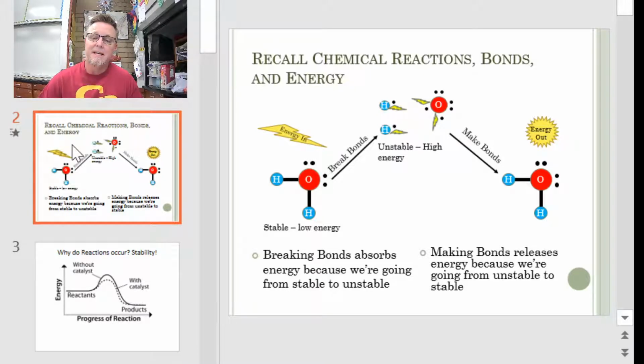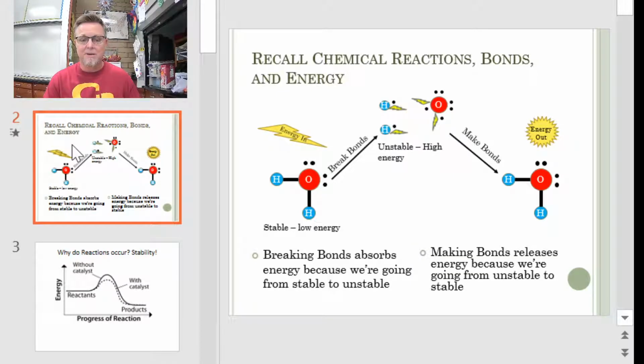If we take a stable, low energy molecule like water, and we add energy to it, we can destabilize it and break the bonds that are holding it together. If we take energy out, we can return it to its stable form and make bonds between oxygen and hydrogen again. So breaking bonds will absorb energy because we're going from stable to unstable, and making bonds is going to release energy because you're going from unstable to stable.